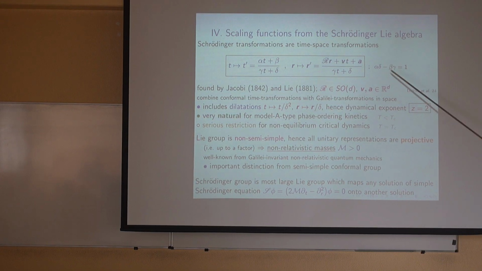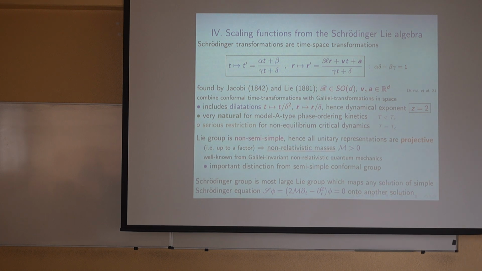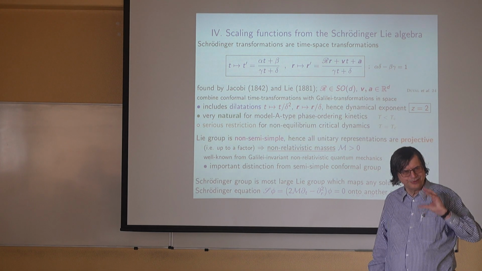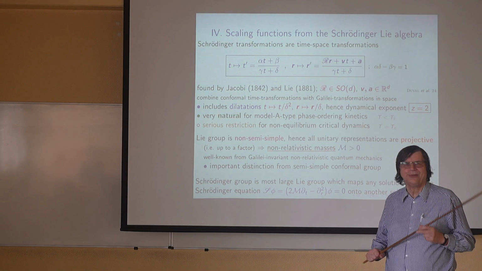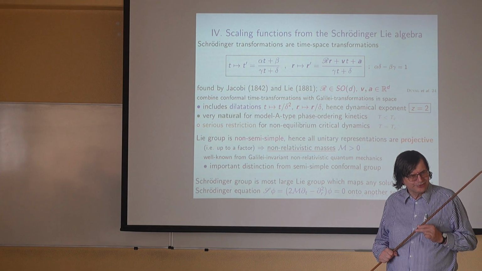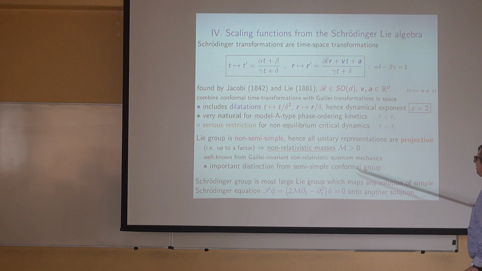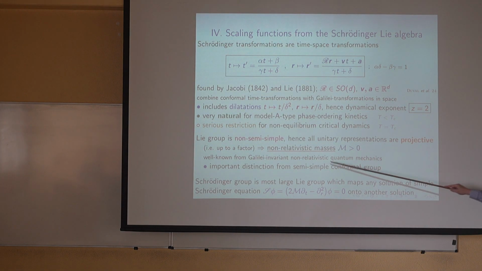First of all, this Lie group, the Schrödinger Lie group, is not semi-simple. So its representations are always projective. You make a transformation of coordinates, but you also must transform the wave function. That is something you know from non-relativistic quantum mechanics, when you look at how a Galilei transformation changes the wave function. That is one example which you may have seen. So you have here indeed non-relativistic masses appearing, which is where the Schrödinger comes from.